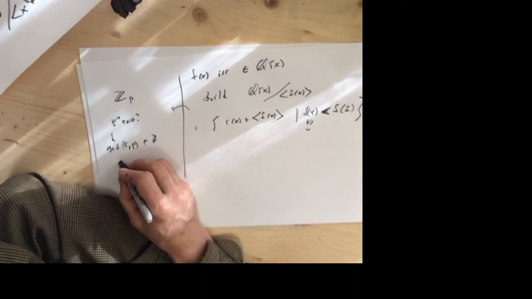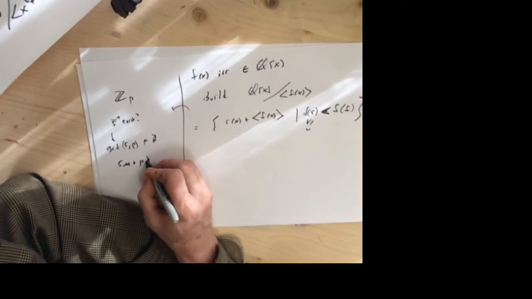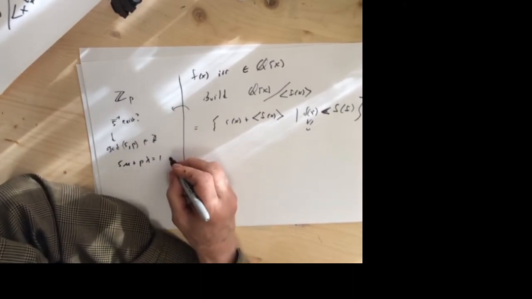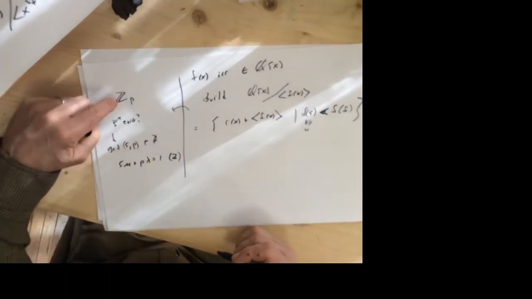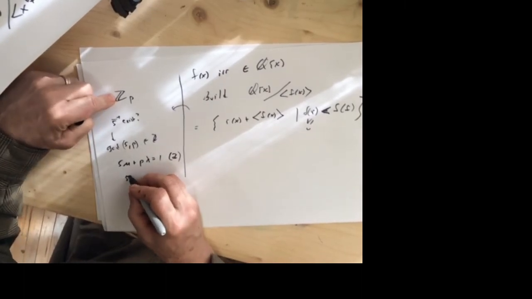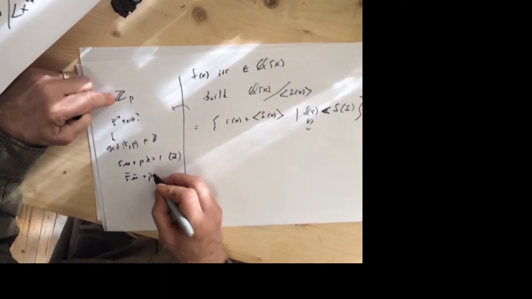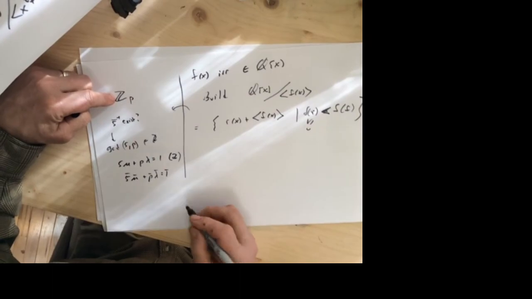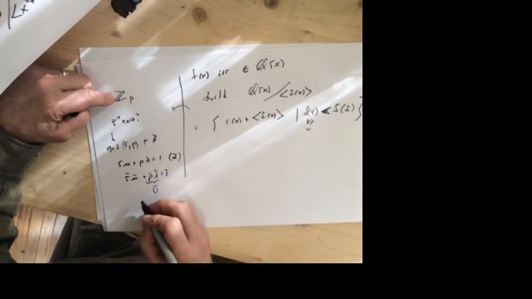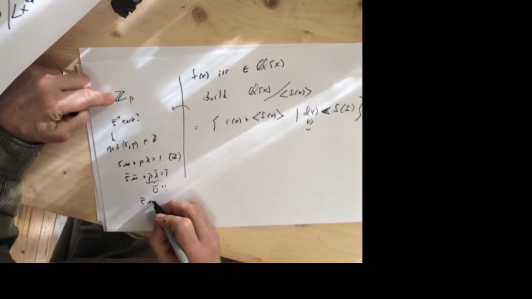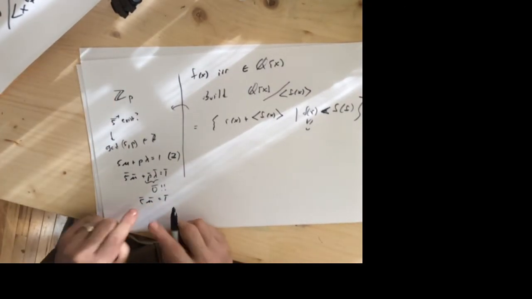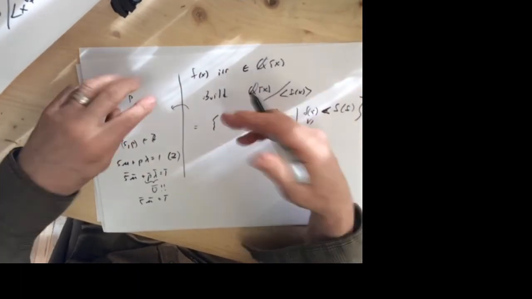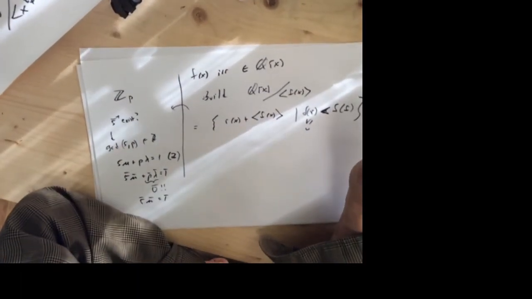And so we wrote 5 mu plus p lambda equals 1, and this was an equation in Z. But then we read it mod p, and we get 5 bar mu bar plus p bar lambda bar equals 1 bar. But p bar was 0, and we get 5 bar mu bar equals 1. And we have found the inverse of 5 in some Z_p where p was bigger than 5.